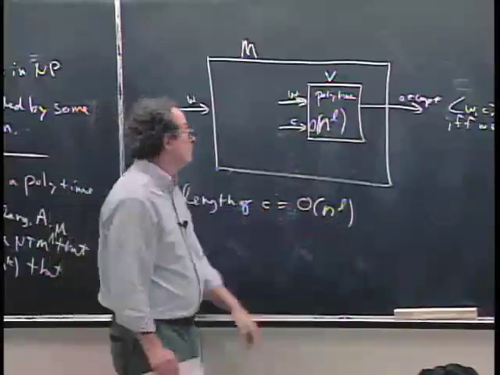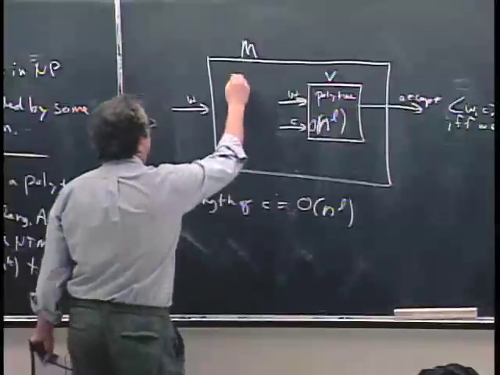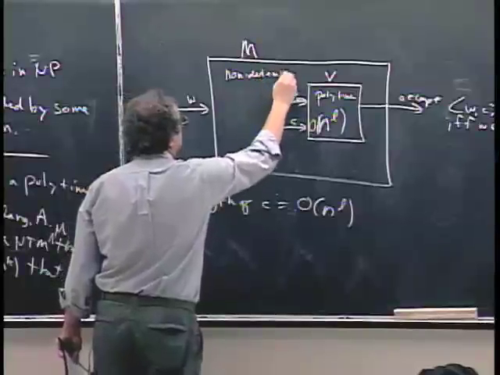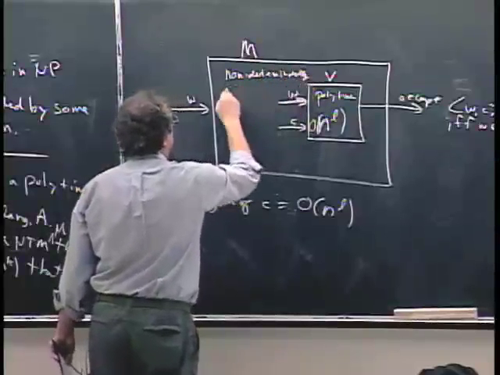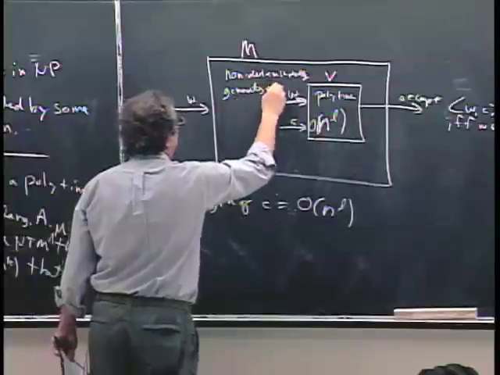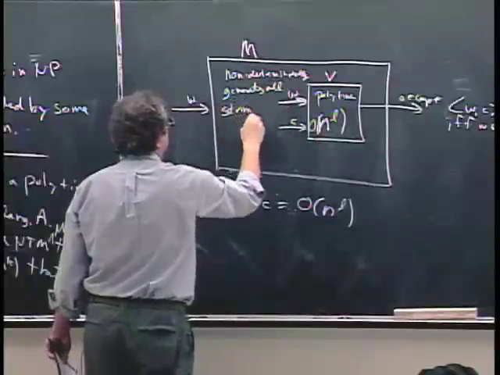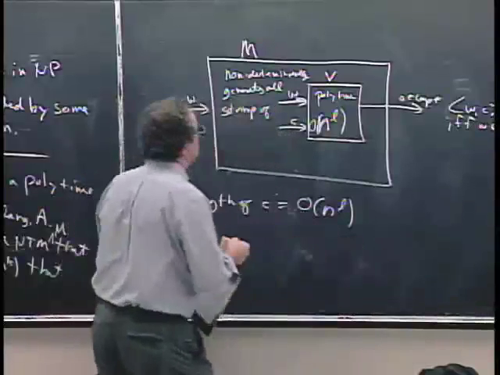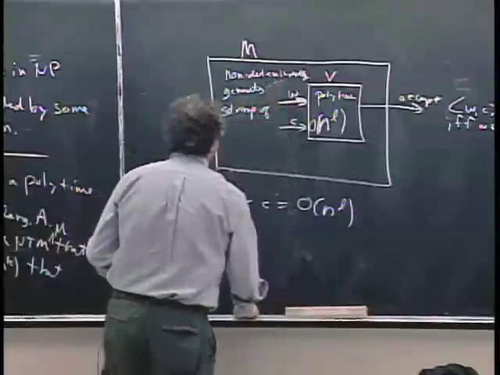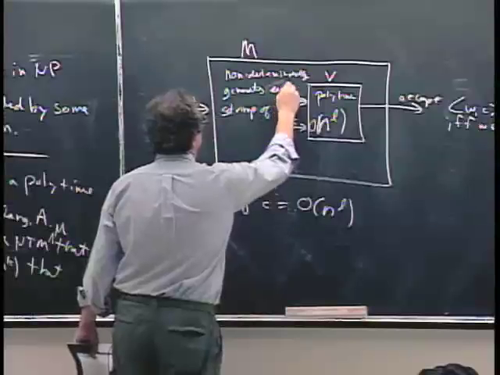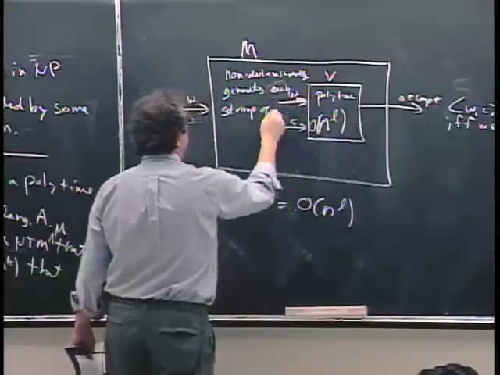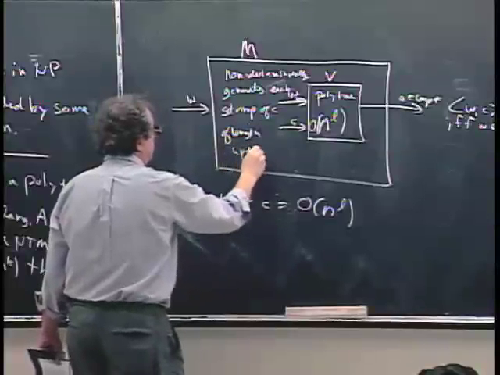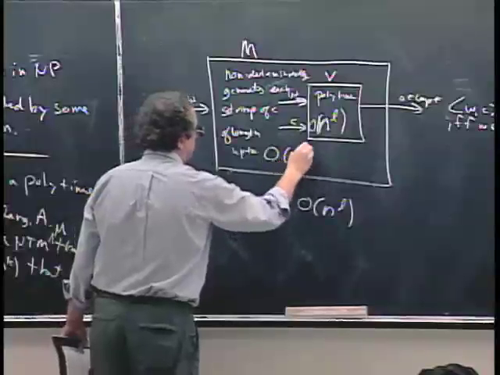All right? So what does M do? M non-deterministically generates all strings, or if you say each string, each string C of length up to whatever this actual function was.